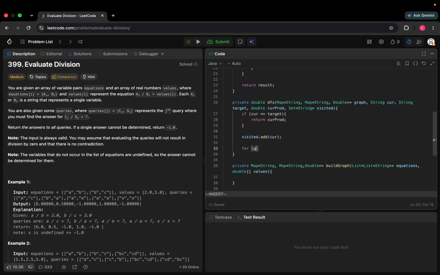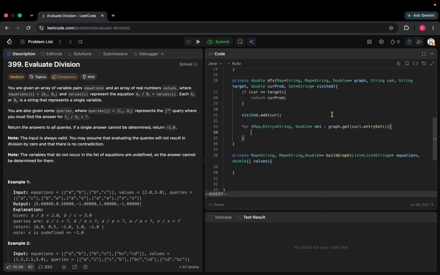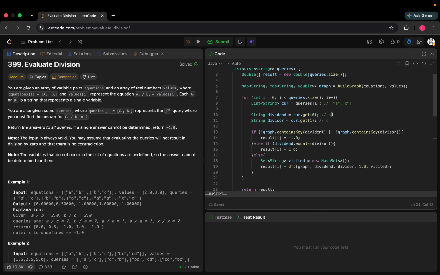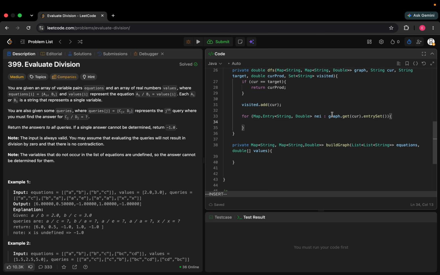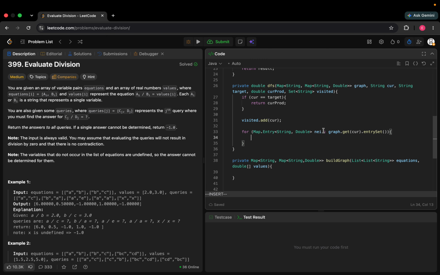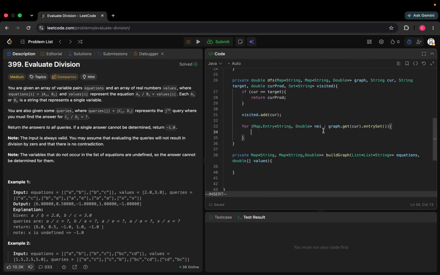Then go to the neighbors. The graph neighbors is map. Get cur and entry set. Yeah, so for this one is for the entry set.